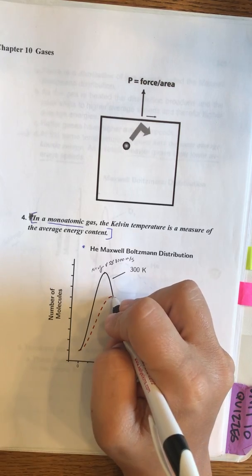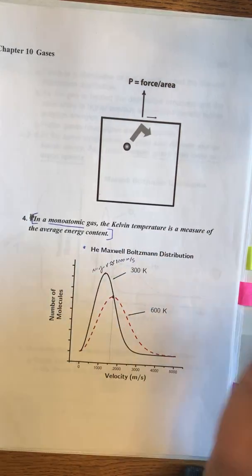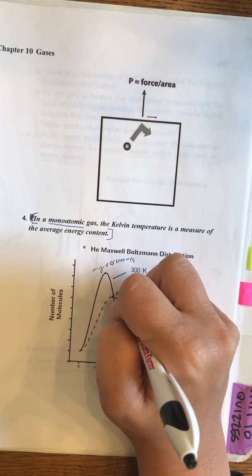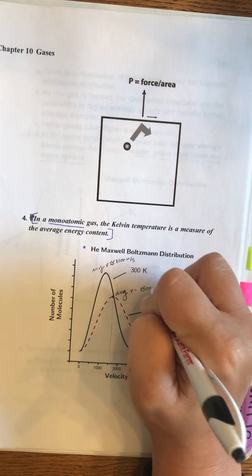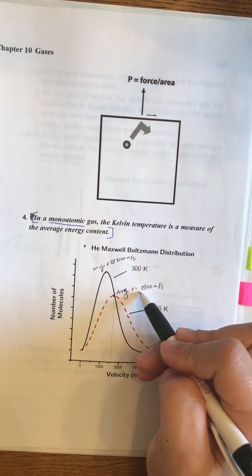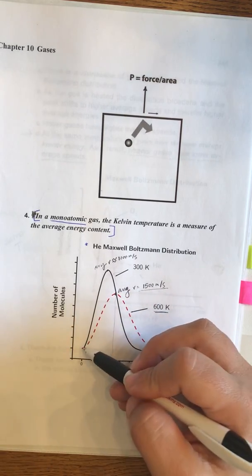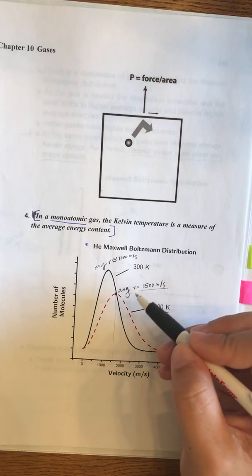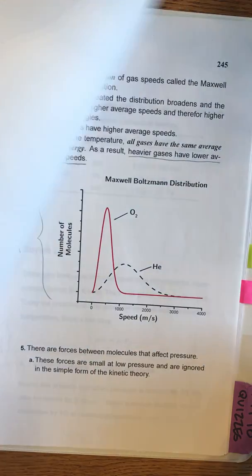But at 600 kelvins, what's that look like? 1,500. Our average velocity equals 1,500 meters per second. So more particles are moving at a higher velocity at 600 kelvins. So the smaller peak actually has more particles with a higher velocity.